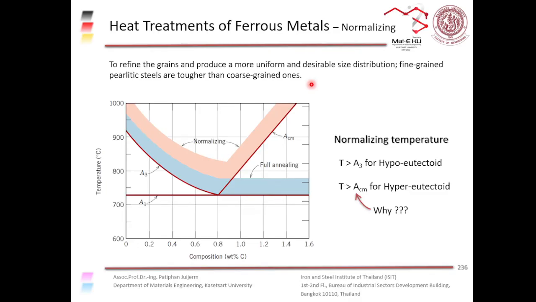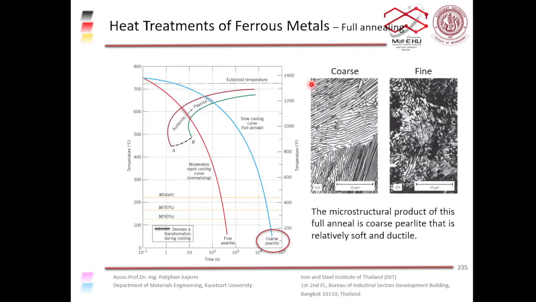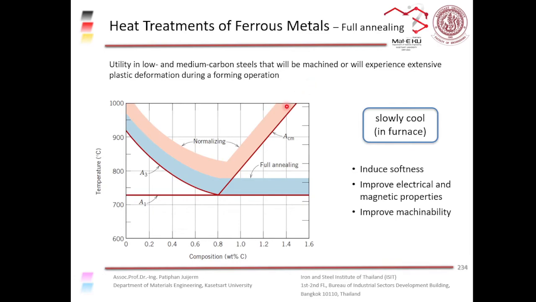Anyway, so we've looked at the annealing process, right? We heat it up above A3 and A1, depending on the amount of carbon, right? So basically, we want to get rid of all the alpha phase.